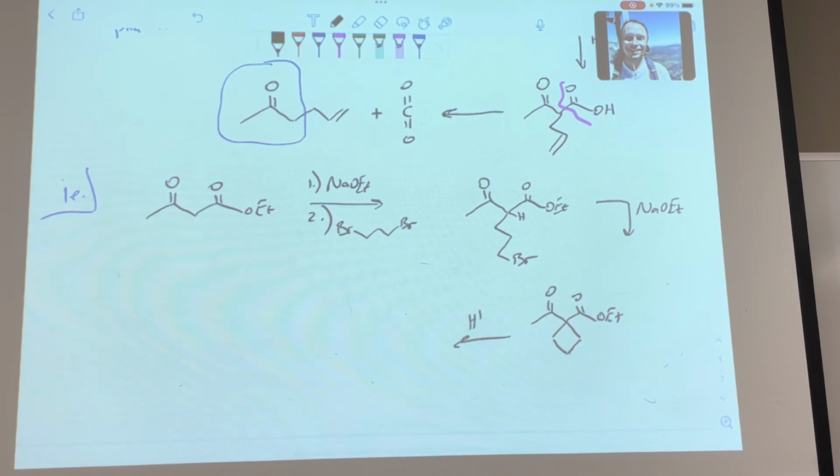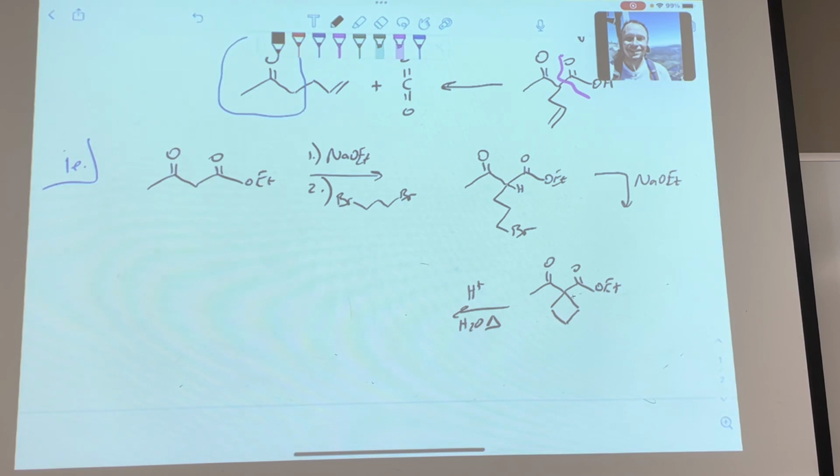which we can hydrolyze. Ultimately, that will do the same two things as we've seen multiple times already. It's going to acidically cleave the ester, then it's going to decarboxylate, and then what you're left with in this case is something like that.